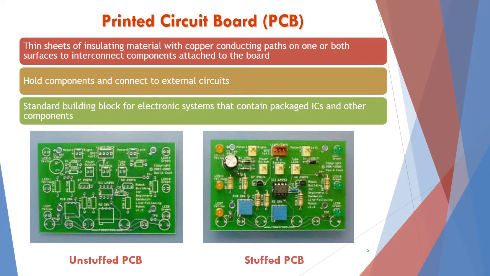The difference is that in an unstuffed PCB, all the circuits are without the components built in, and in a stuffed PCB all the components are attached on the circuit.